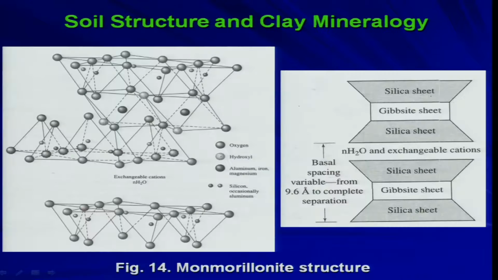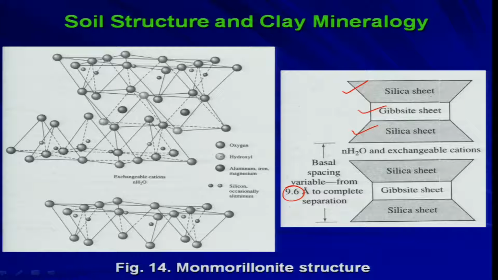Now, if you see the structure, symbolically this is your first silica sheet and this is your second silica sheet, and this is your alumina sheet or the gibbsite sheet that is getting sandwiched between these 2 silica sheets, and the total thickness of the layer is 9.6 angstrom.